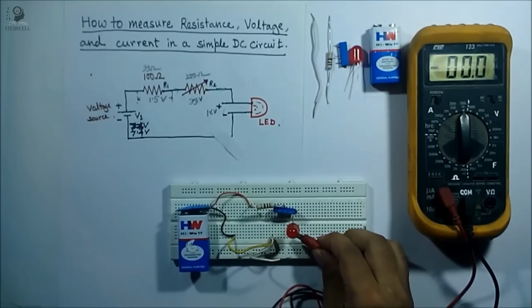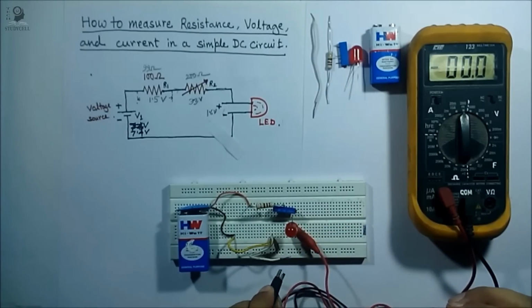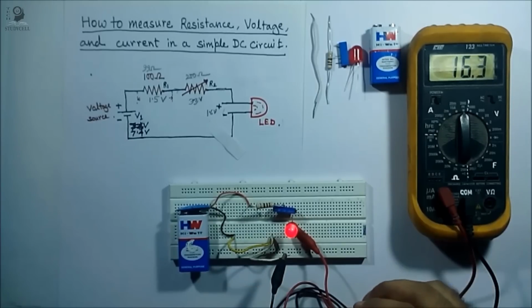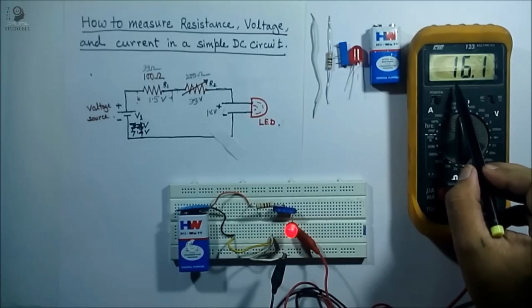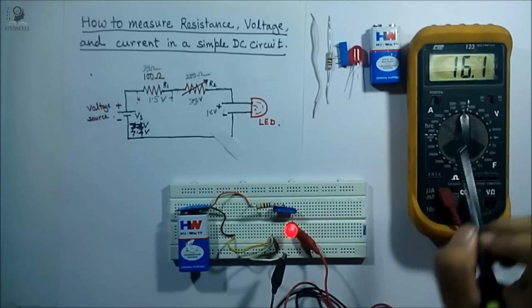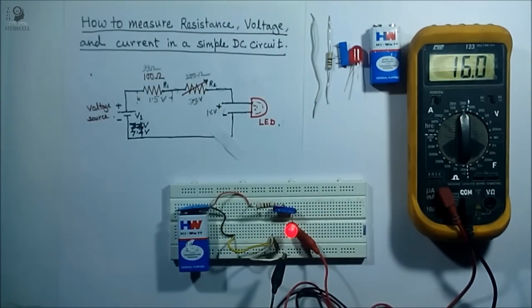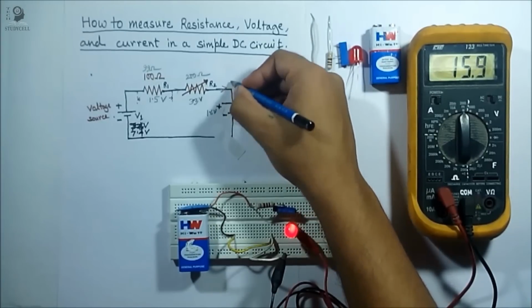Now here I am connecting the red lead and black lead. In the multimeter you can see the current is showing 16 milliampere. So the value of the current is 16 milliampere.